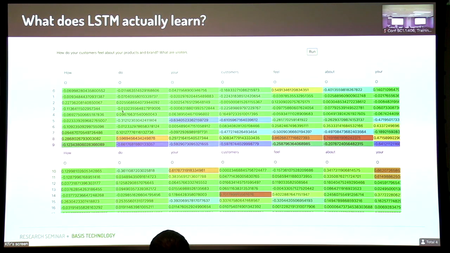Now, the numbers are between -1 and 1. It's because the last step of the LSTM is tanh, right? So it squashes the data between -1 and 1. And we put some colors here just to make it easier for us to read. So -1 is dark blue and +1 is dark red, and everything else in between, like green, is around 0.